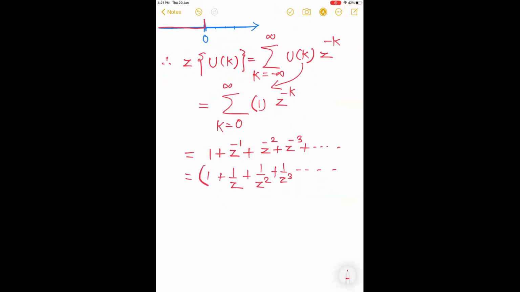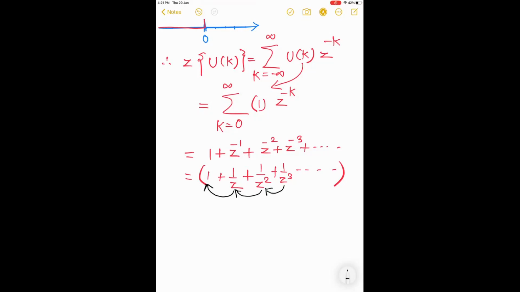And if you can identify this series as a standard series, then you can directly calculate the summation. As I told you, this is a geometric progression. If you see the second term upon the first term, the ratio is 1 upon z. The third term upon the second term, the ratio is 1 upon z.